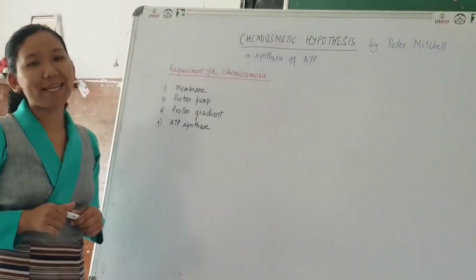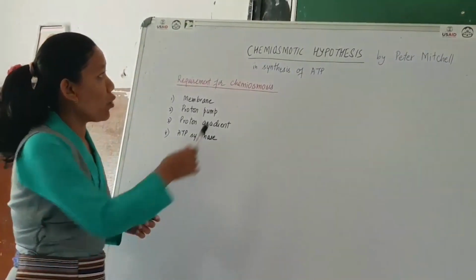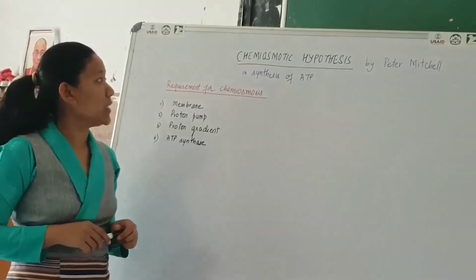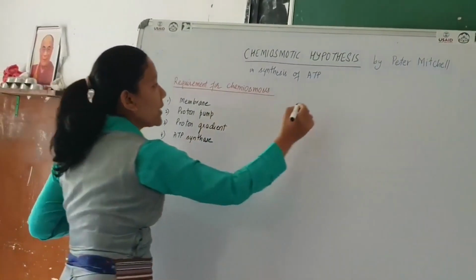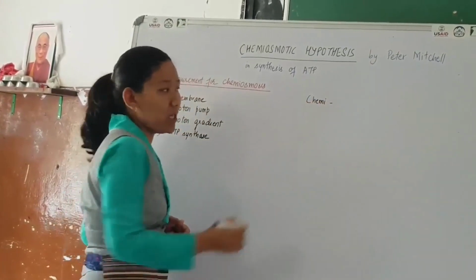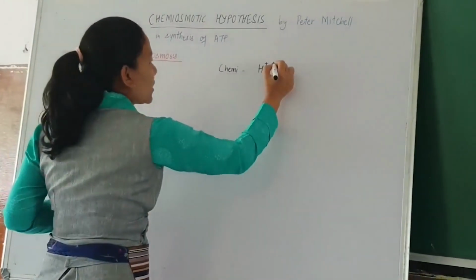The production of ATP is explained by the chemiosmotic hypothesis by Peter Mitchell. From the name itself, you can see that chemi here refers to a chemical, that is hydrogen ion, or we can say proton.